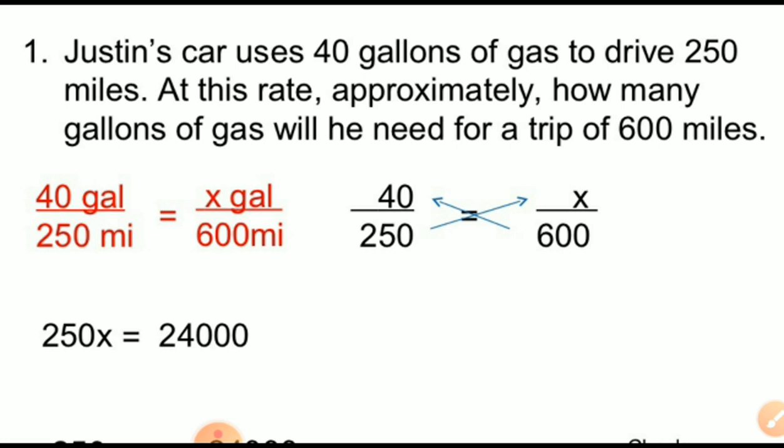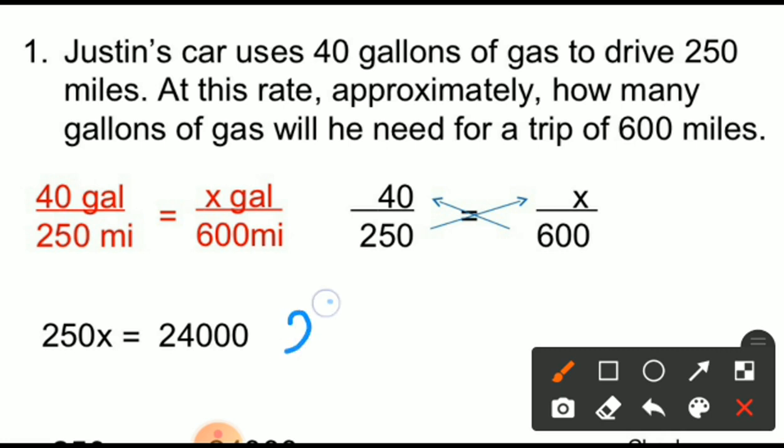At this rate, approximately how many gallons of gas will he need for a trip of 600 miles? Yes, very good. 40 gallons होता है बेटा उसके पास. अच्छा समझ लो 40 लीटर है तो 250 किलोमीटर वो चलता है. माइल्स वो भी 2.5 किलोमीटर के हिसाब से होता है. कुछ मल्टीप्लिकेशन करेंगे तो आपको मिल जाएंगे. सो कितने गैलन उसको पेट्रोल चाहिए? तो 600 माइल्स चलेगा. उस ढूंढने का है. क्रॉस मल्टीप्लाई 250x is equal to 24,000.